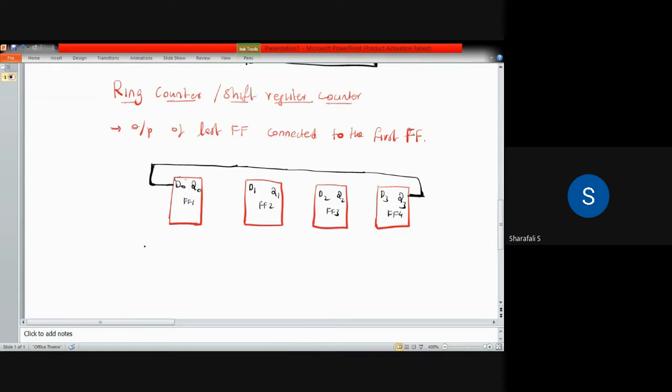And this is again a synchronous counter. So we have to apply the clock pulse simultaneously to all the flip flops.